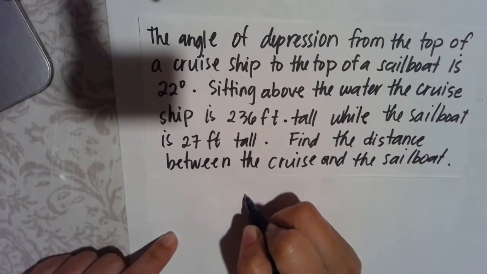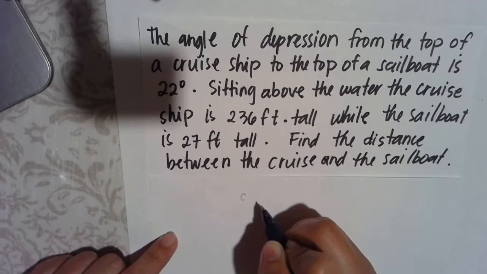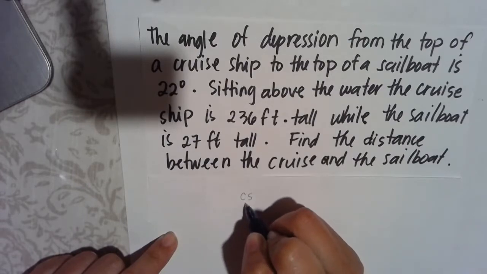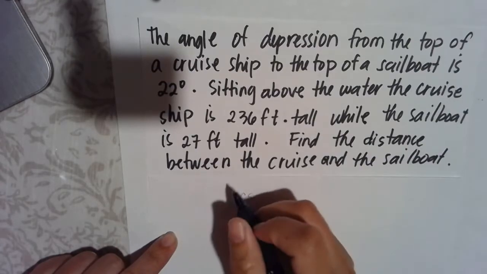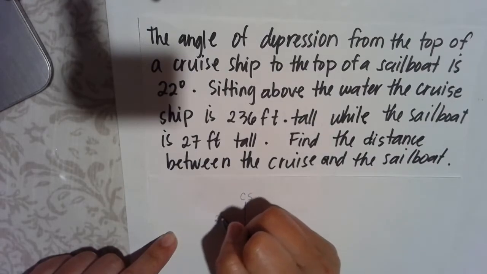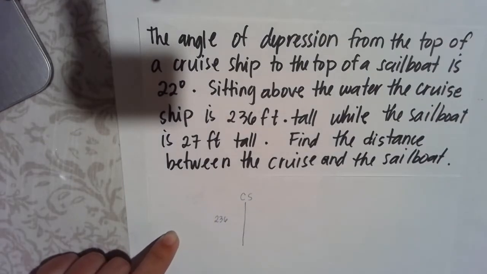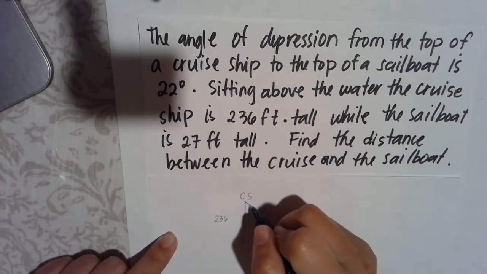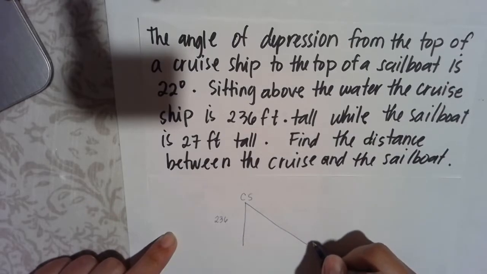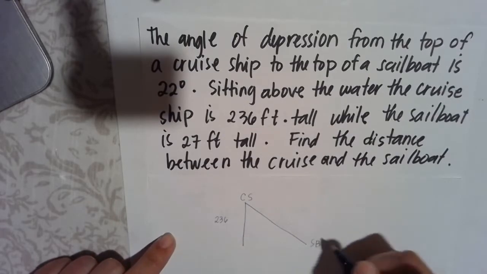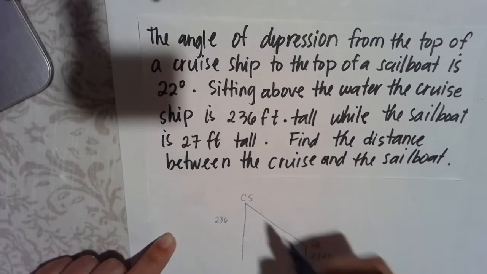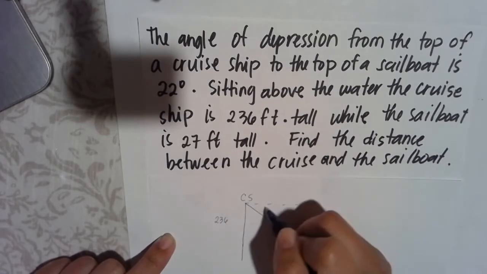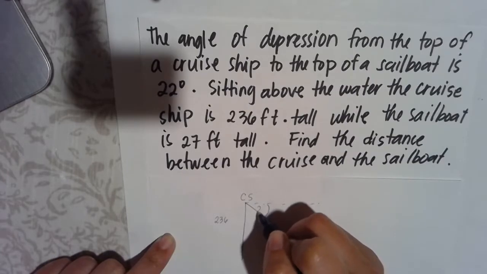So if the cruise ship is this, and it says that the height is 236. And then if this is your sailboat, and it says that the height of the sailboat is 27 feet, and this is your angle of depression, which is 22.